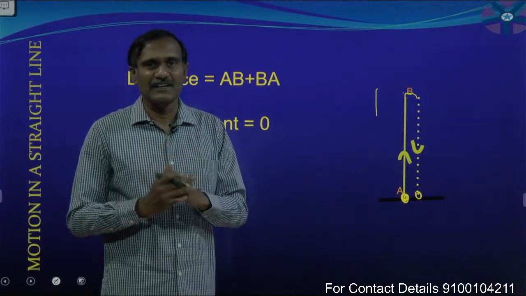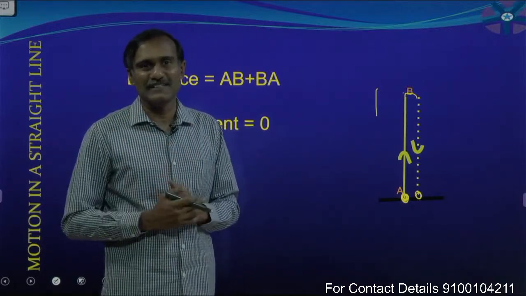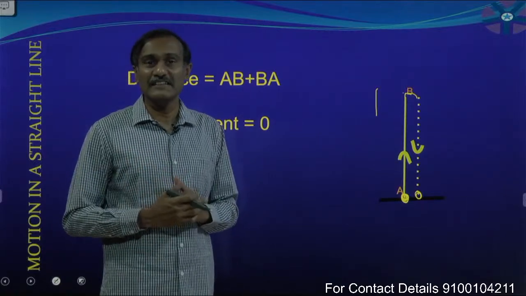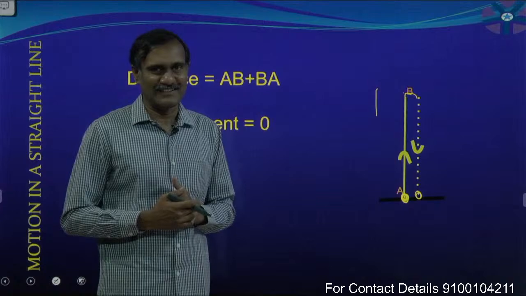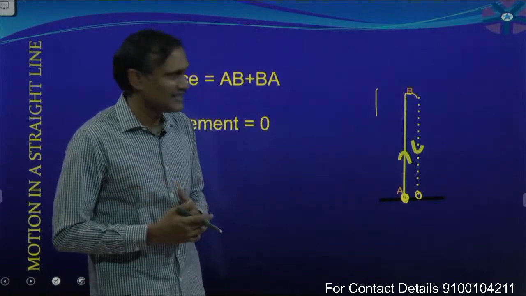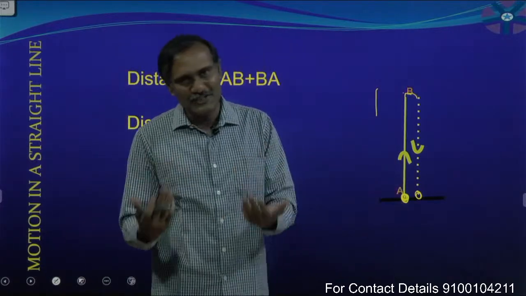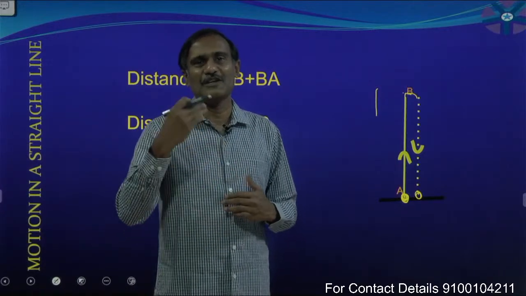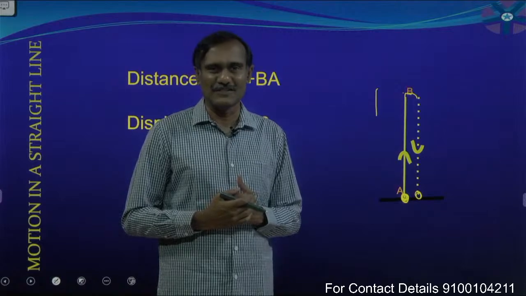Now, you tell me, what about the displacement? Displacement is nothing but final position minus initial position. What is its final position? A. The initial position is also A. Here, the final position coincides with the initial position.